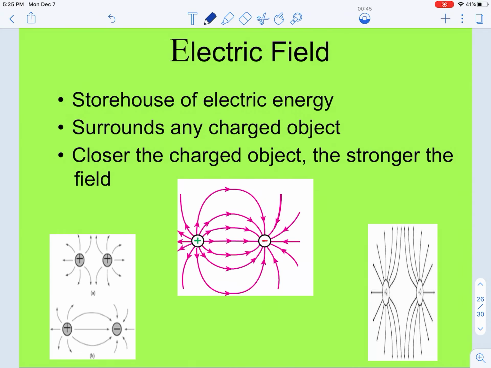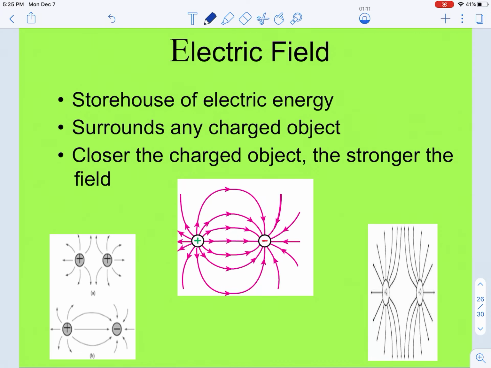Electric field is a term that refers to the space or the area surrounding our electrically charged object or particle. You can see from these illustrations that we have vectors that we are using to represent this electric field, and we often call these electric field lines. They are arrows with a very specific direction or pattern to their direction.